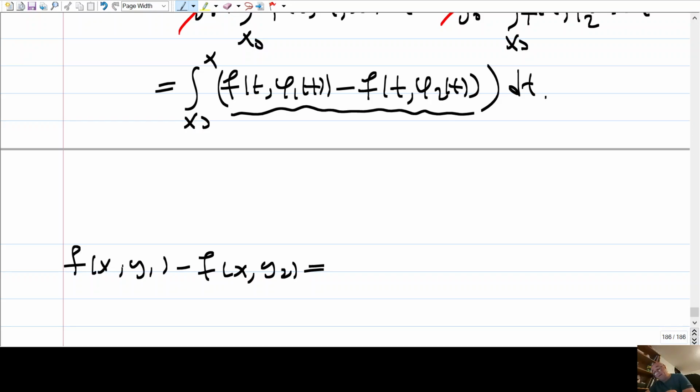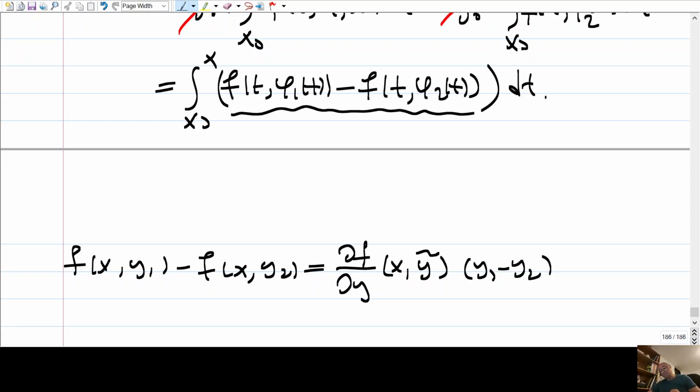It tells me that this distance is the derivative of this function with respect to y, evaluated at some point y tilde, times the distance between these two points, y1 and y2.